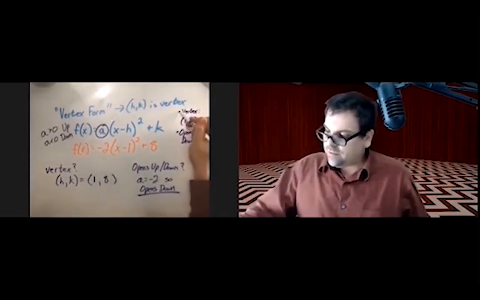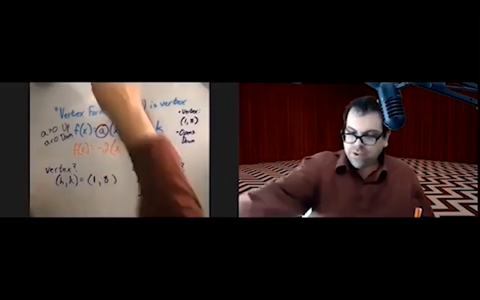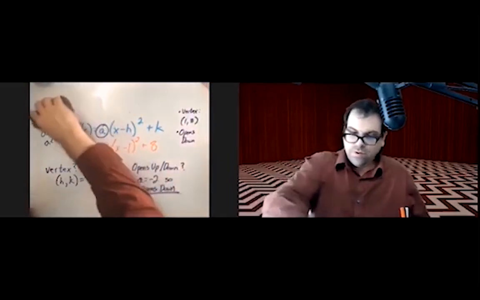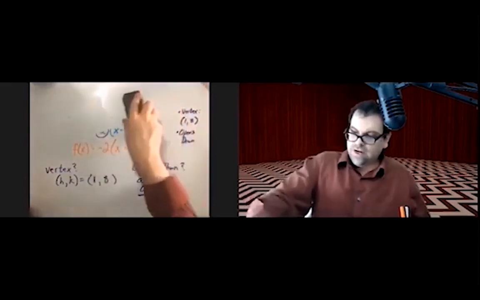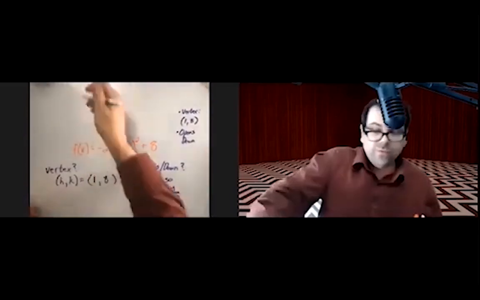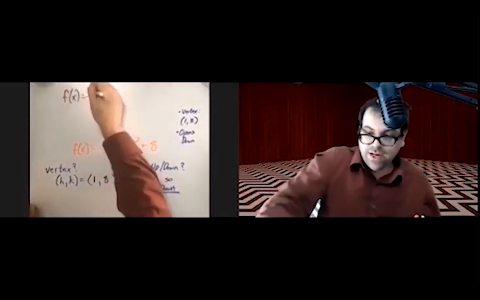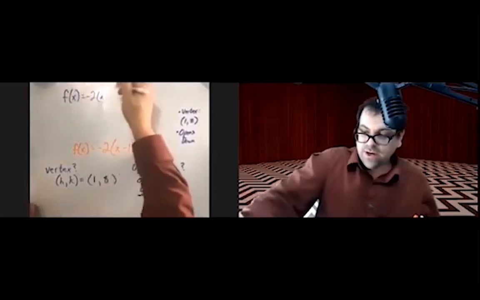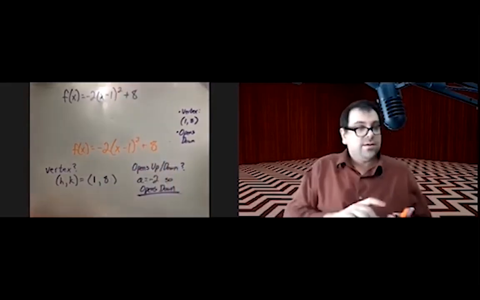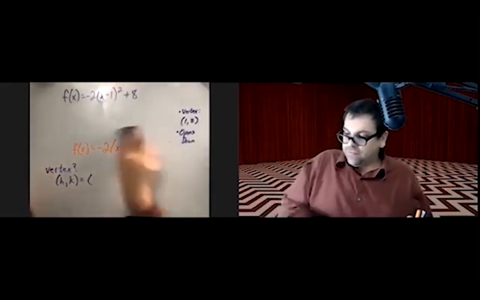Opens down. I'm going to erase our general vertex form, and I'm going to move this up. F of x equals -2 times the quantity x minus 1 squared plus 8. And now I've got some room to work.